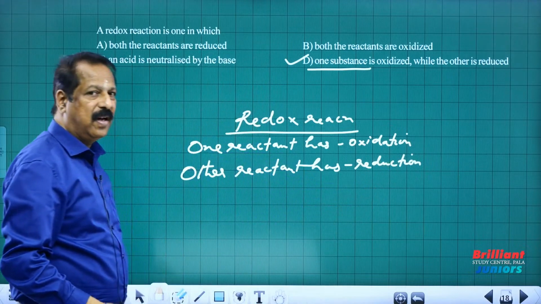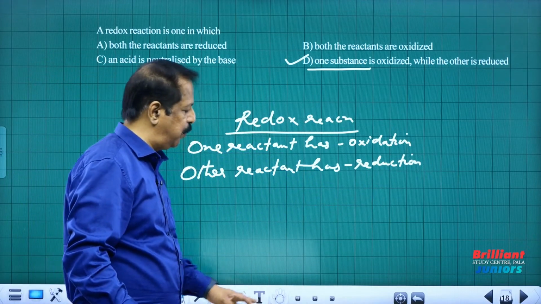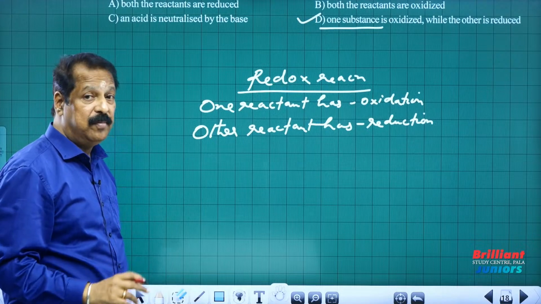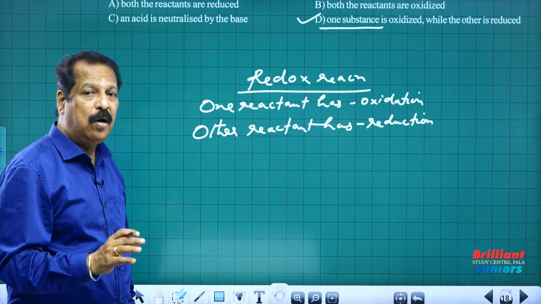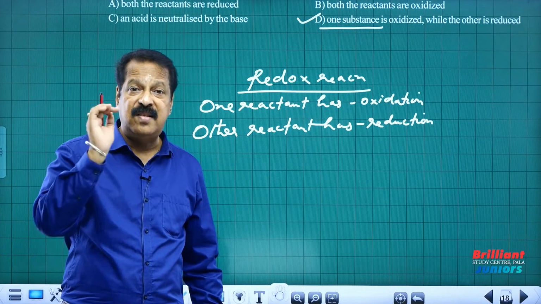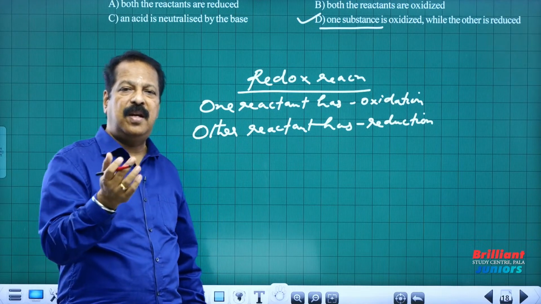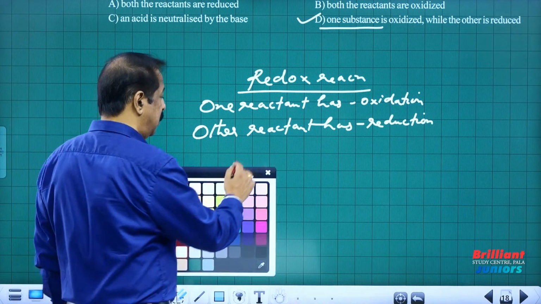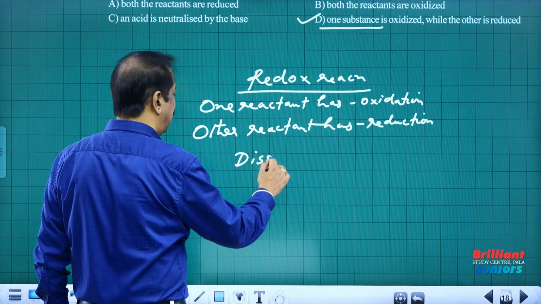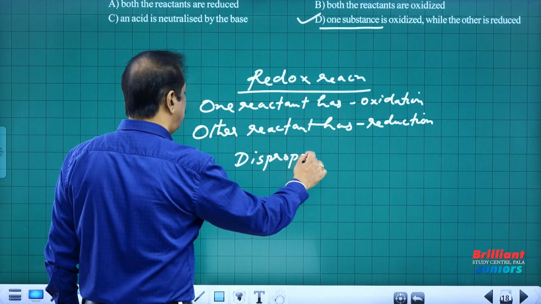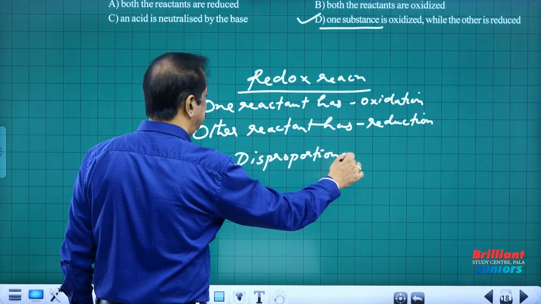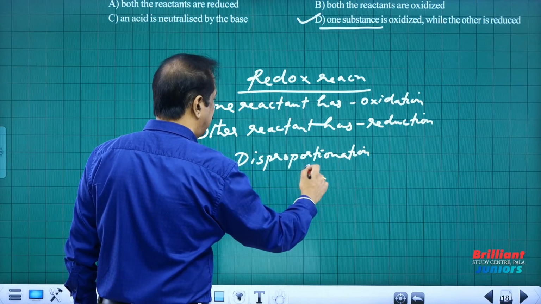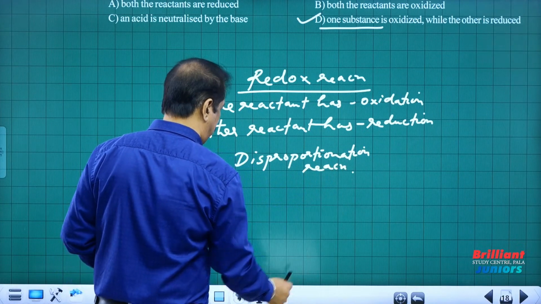This is called a redox reaction. And I will tell you one more additional point. If at the same time one reactant has oxidation and reduction, we call it a disproportionation reaction. I will give you an example for a disproportionation reaction.